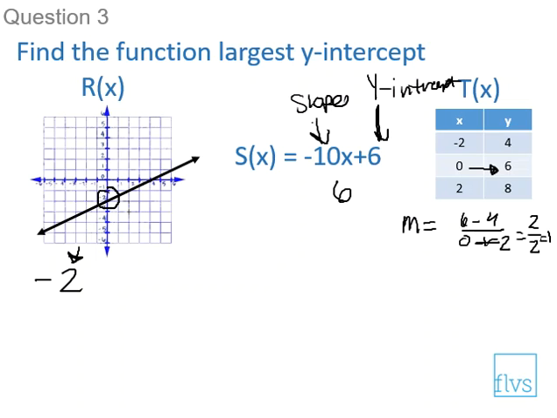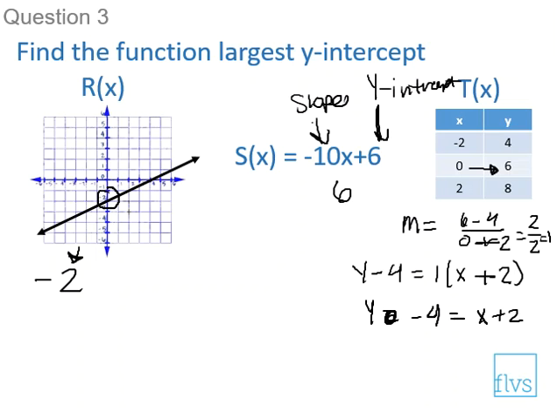And then we're going to do y minus 4 equals 1 times x minus negative 2. If we distribute, we'd get y minus 4 equals x plus 2.